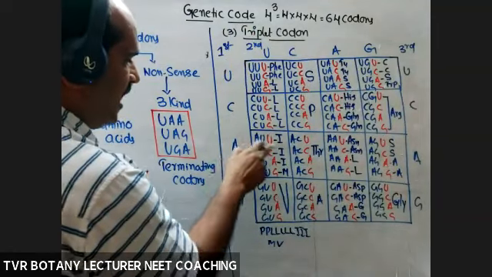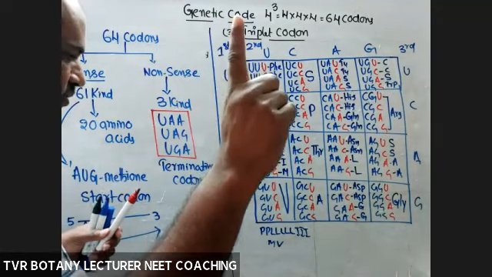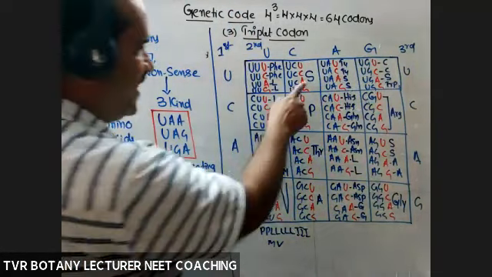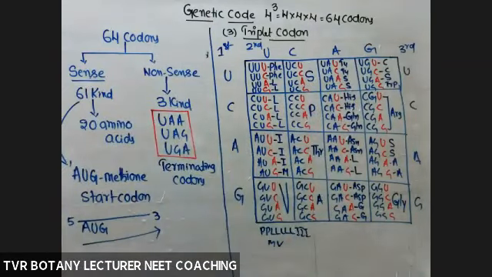Next, isoleucine is coded by 1, 2, 3. Methionine is coded by one kind of codon only. Valine, 6 kinds of codons. Next, serine: here 4 kinds, here 2 kinds. So serine is coded by 6 kinds of codons.